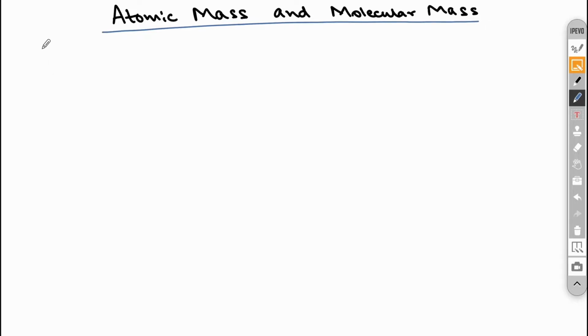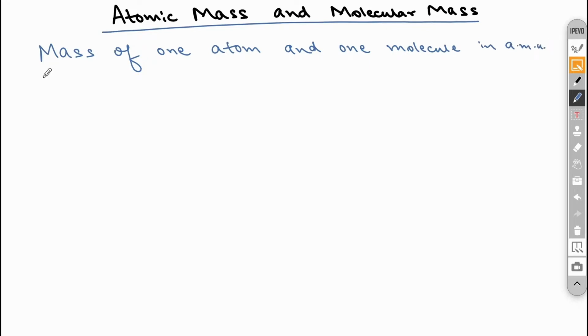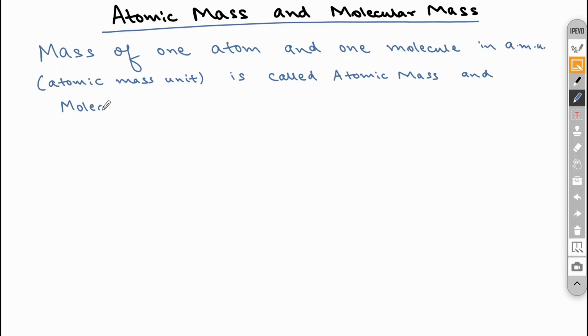So atomic mass and molecular mass: mass of one atom and one molecule in AMU, in atomic mass unit, is called atomic mass and molecular mass respectively.